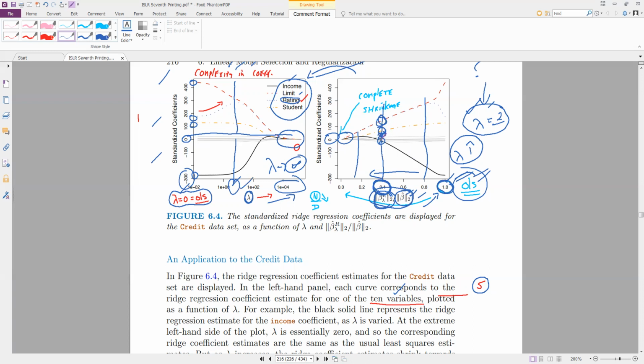The income, almost at 0 over here. So that could actually help you in model selection, in predictor selection. And you can say, you know what, this coefficient is doing nothing. This one, the income. These three here are still in the game. They still have values that are different from 0.